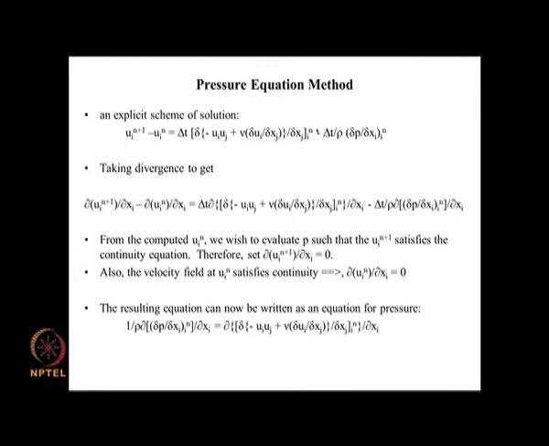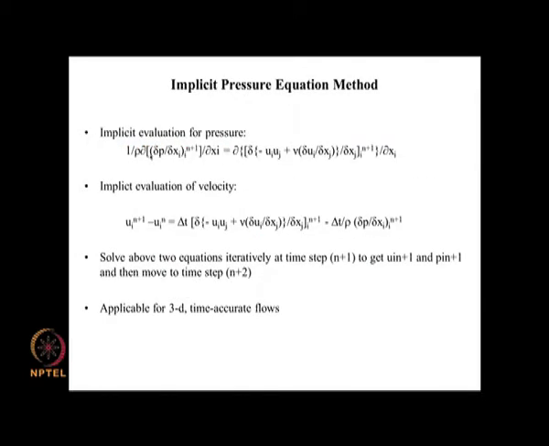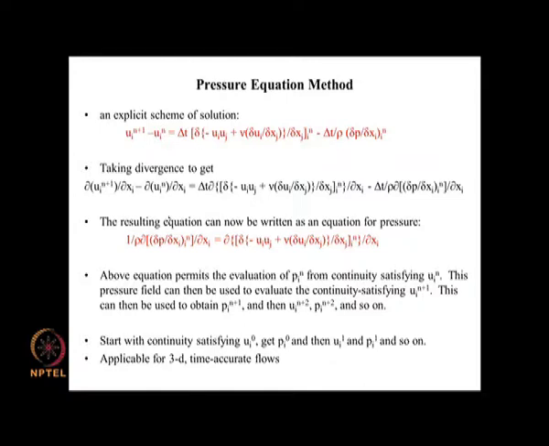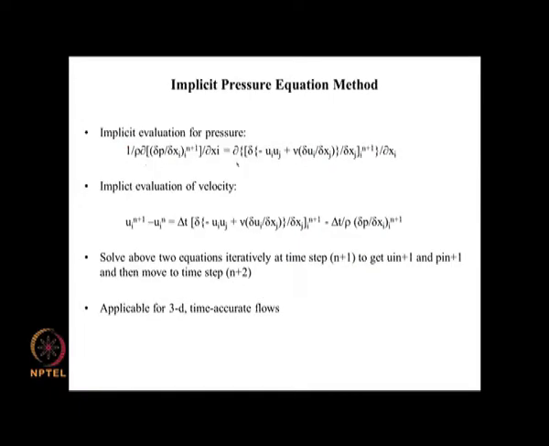If you make it implicit, then this becomes n plus 1 and this becomes n plus 1. So that is what we have here, and we take divergence of that, and we have this as n plus 1, this will still be there, and this whole thing is such that we put n plus 1 here and n plus 1 here. We use the same argument that the new velocity field u_i^(n+1) must satisfy the continuity equation, so this is equal to 0. The old velocity field anyway satisfies the continuity equation, so this is anyway equal to 0, and then you have an implicit equation for pressure which is given by this thing here.